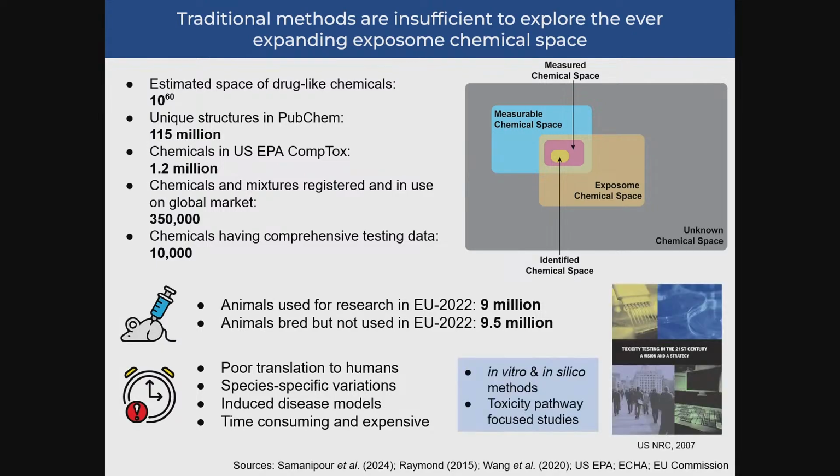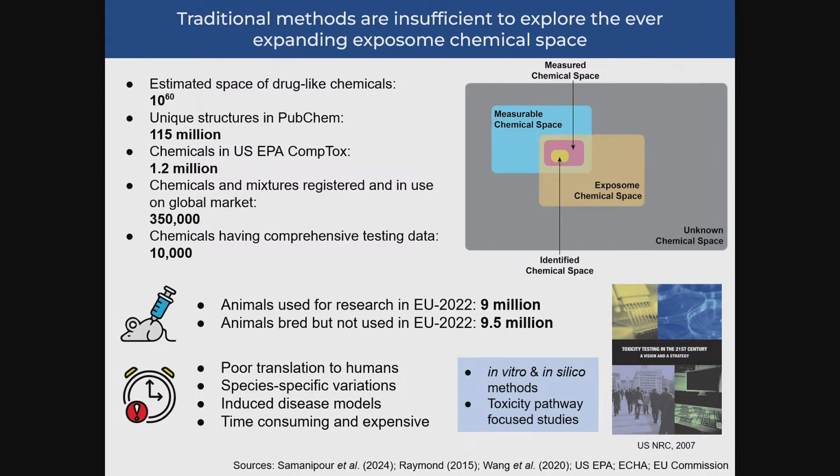So in 2007, the US National Research Council came up with a landmark report titled Toxicity Testing in the 21st Century, where they suggested we instead focus on toxicity pathways instead of looking at the endpoints. They also suggested we find alternatives to animal models in the form of in vitro and in silico methods.